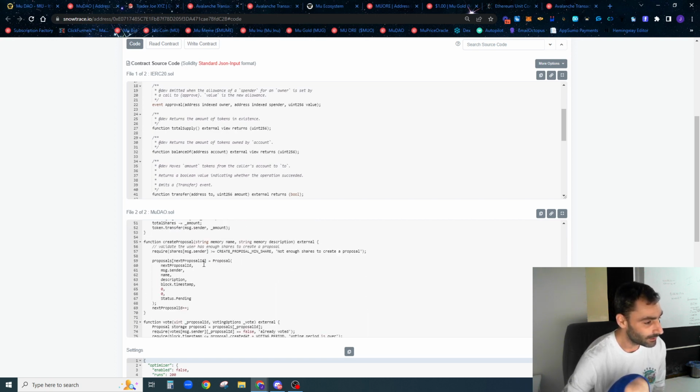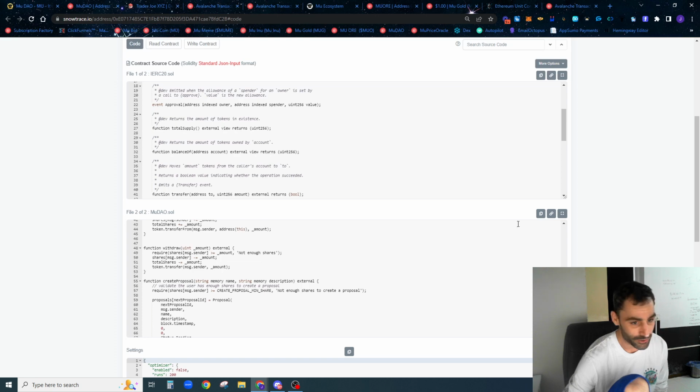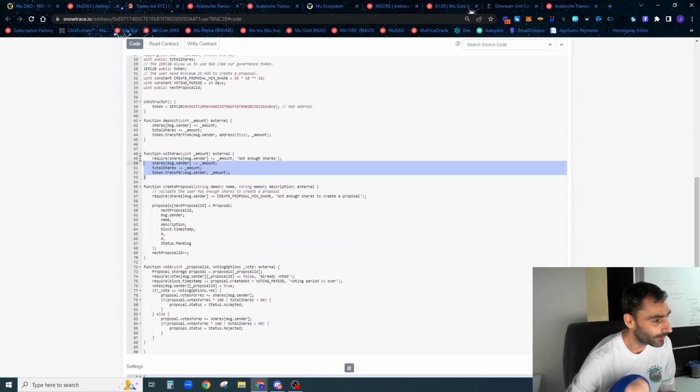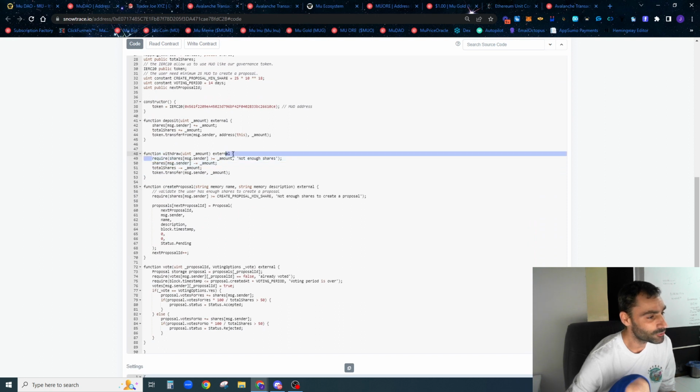You will see a withdrawal function inside here. So you can see that there's a withdrawal function in here, but you can see that the withdrawal function requires that whoever is calling, which is message.sender, has shares that are greater than or equal to the amount that they actually want to withdraw.